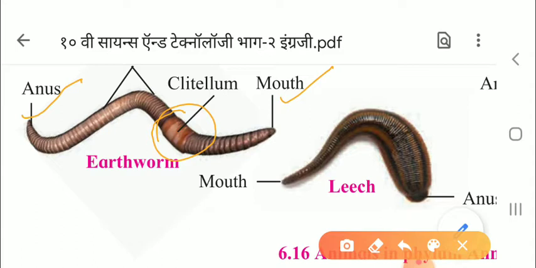Now the next example is the leech. In the rainy season you might have seen this black colored organism, and it also has a mouth and anus. It sucks blood if it sticks to a human being.